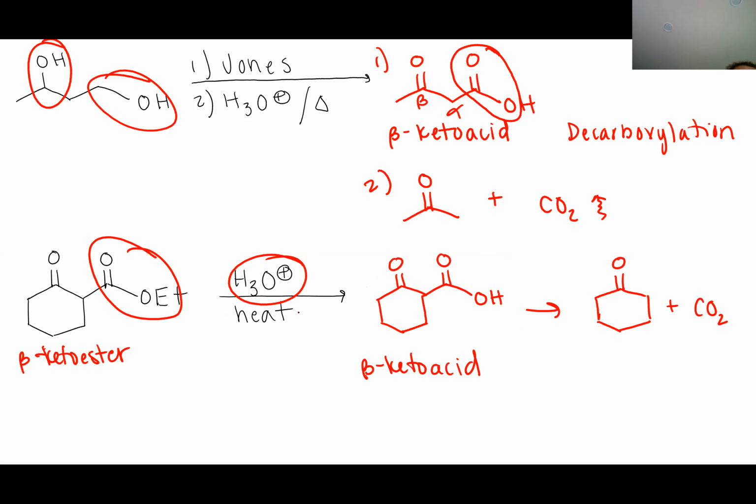So that's what your two possible decarboxylation setups will look like. We also could have decarboxylation with a malonic acid. That doesn't look very different from this, right? That would just be if you had a carboxylic acid on the other side. So definitely go over your notes if you haven't yet done this part of the chapter.